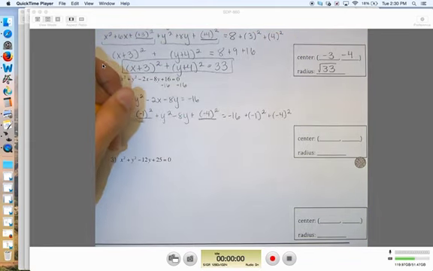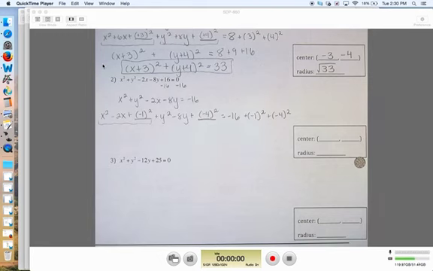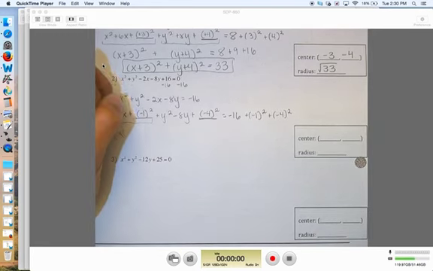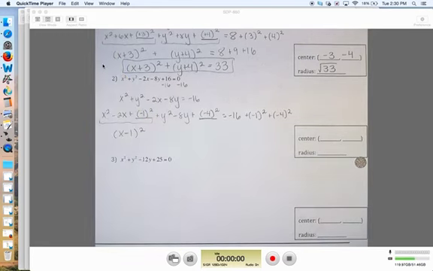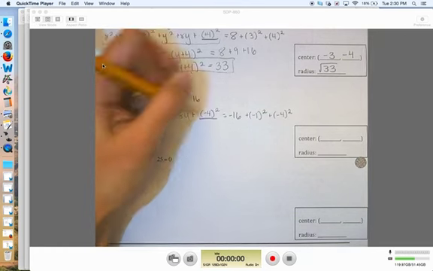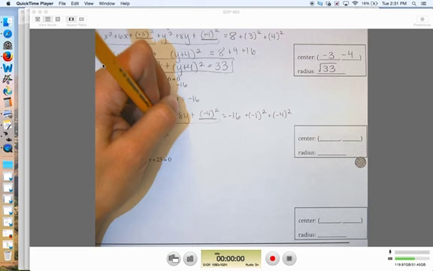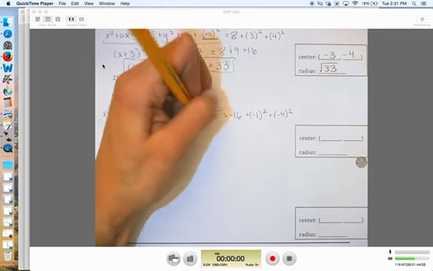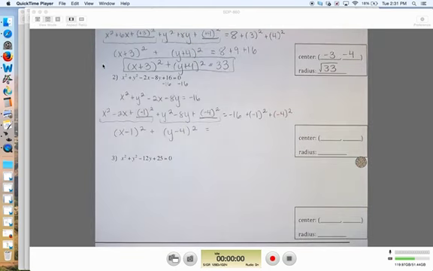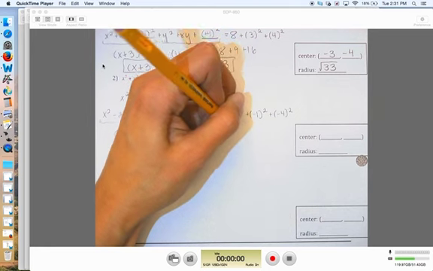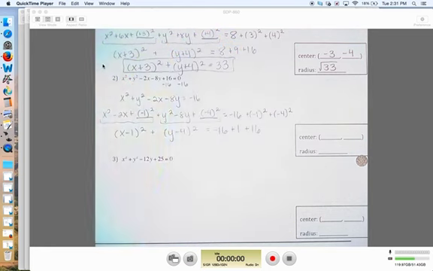Now we're going to rewrite this as (x minus 1) squared plus, we'll rewrite this as (y minus 4) squared, and that equals -16 plus 1 plus 16.